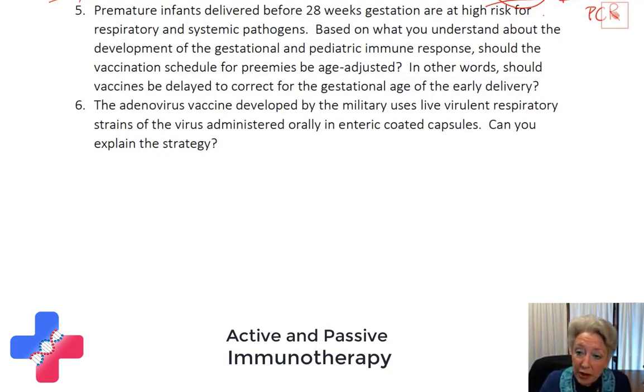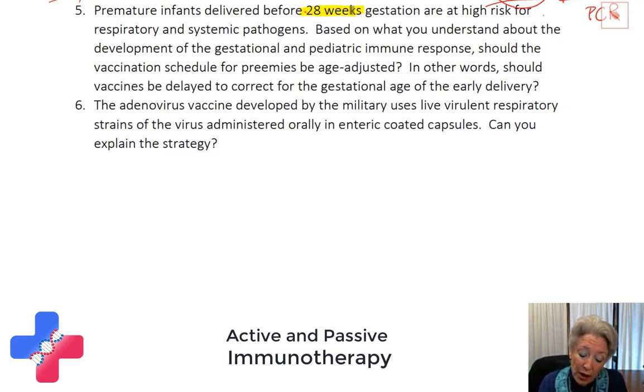The thing that you need to think about is that even though the child has not received the protective antibodies from the mother if they are born before 28 weeks, they still will have the ability to produce a response of their own with fairly good strength as long as it's a T cell dependent response. Because as you remember, their T cells are adult capable at birth, even if they are born prematurely.